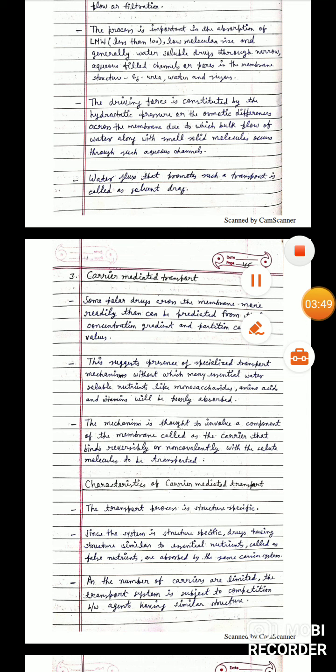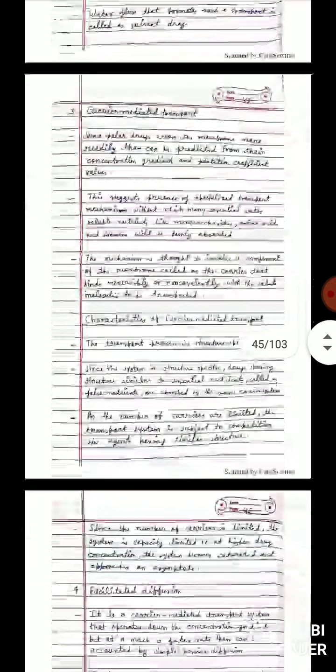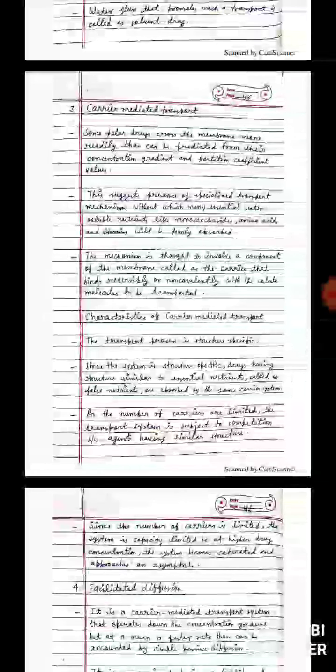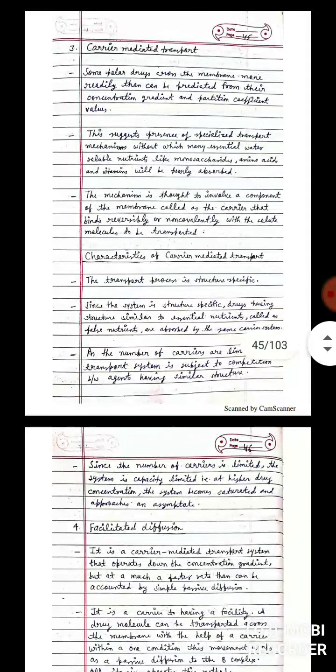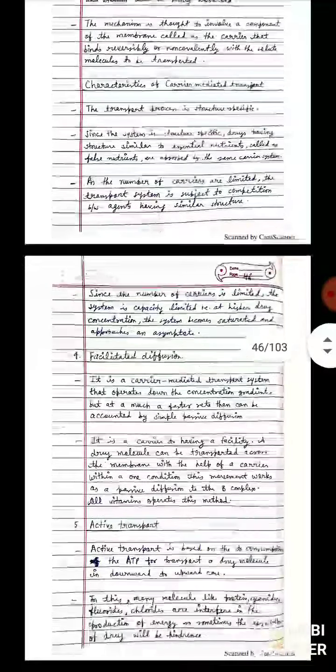Many drugs like 5-fluorouracil and 5-bromouracil can act as a false nutrient, because their structure is similar to the essential nutrient. So this is carrier mediated transport, a specialized transport mechanism without which many essential water soluble nutrients like monosaccharides, amino acids, and vitamins would not be absorbed.